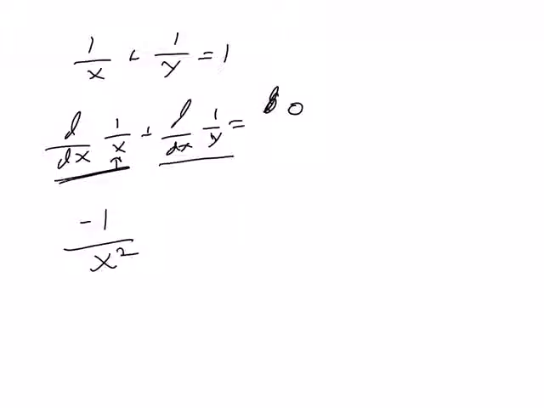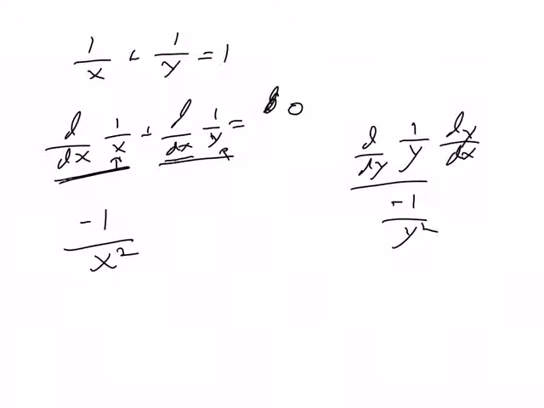This thing, again, is a little tricky because we're trying to take the derivative in terms of x, but this is not written in terms of x. So what do we do? Well, again, we can say that this is going to be d over dy of 1 over y, and then times dy over dx by the chain rule. So we know this is just going to be negative 1 over y squared.